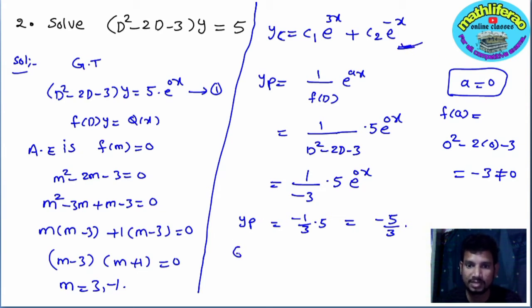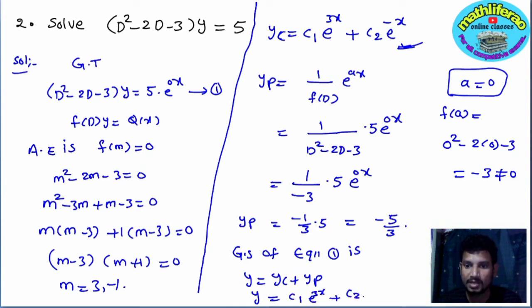Now, general solution of equation number 1 is y equal to yc plus yp. So here y equal to c1 e power 3x plus c2 e power minus x, and here yp value minus 5 by 3. This is your answer.